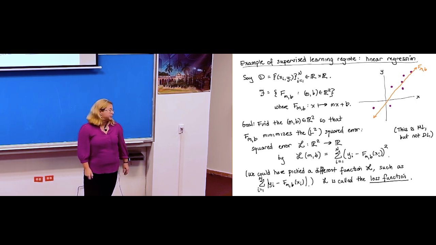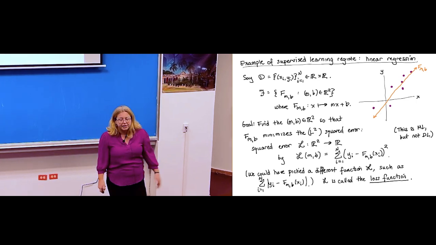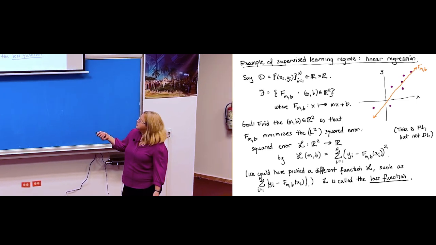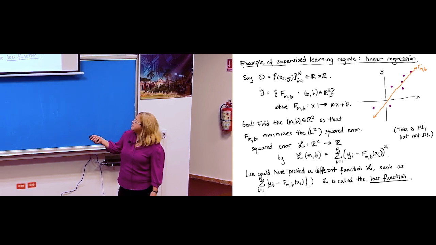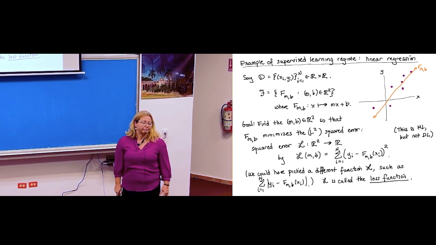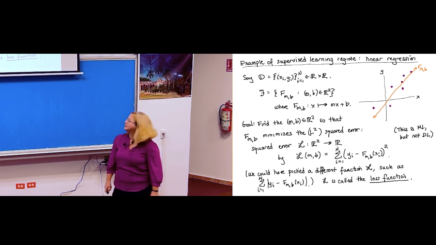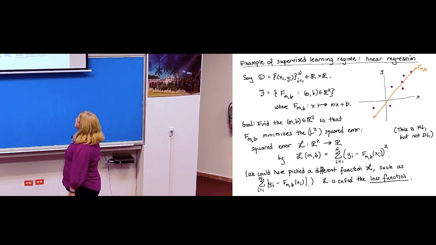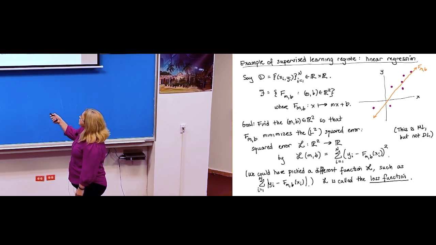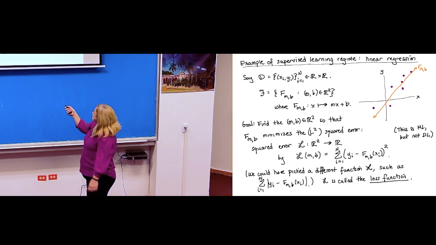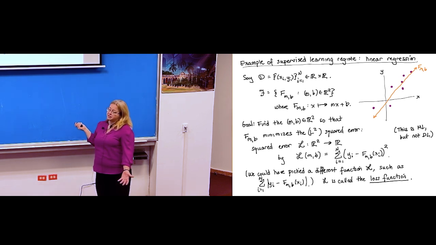But you could have picked some other way to measure the error. For example, you could have used the absolute value of the difference, or really any function you like. Squared error just has lots of nice properties. Whatever function you use, in the context of machine learning, it's called a loss function.